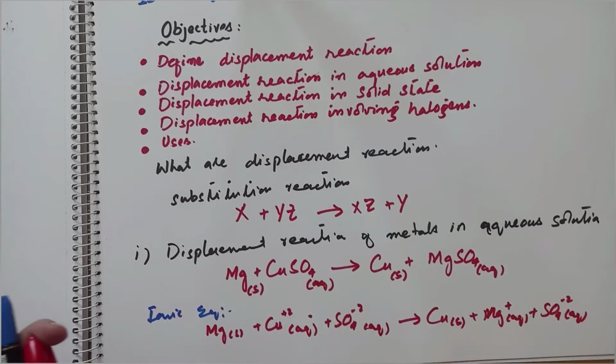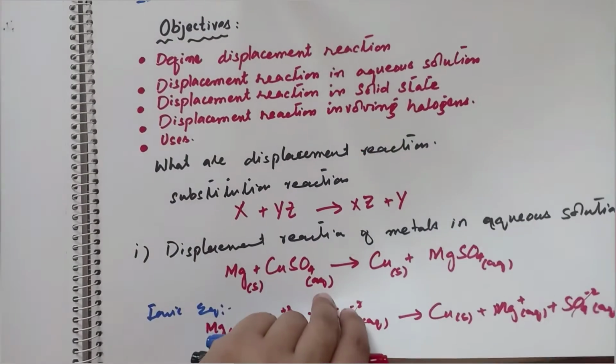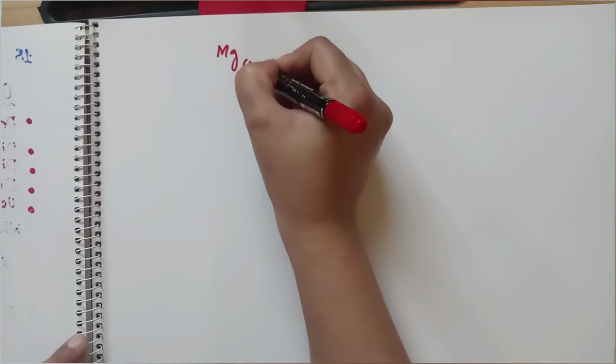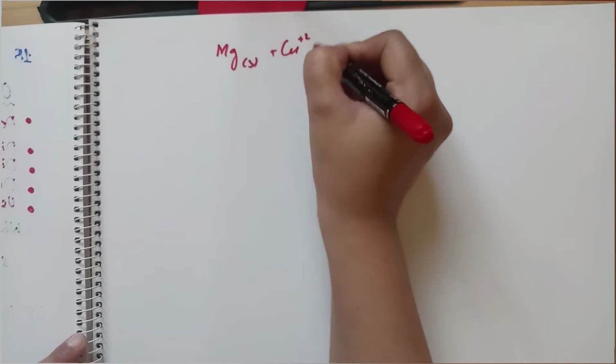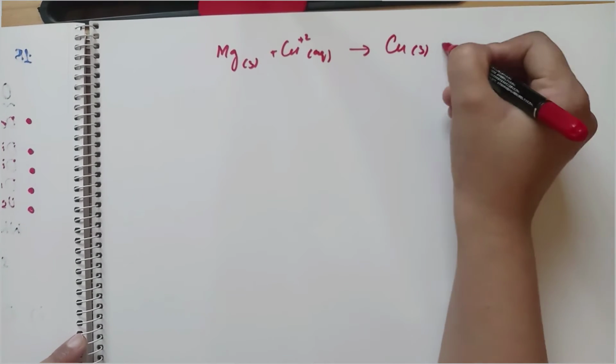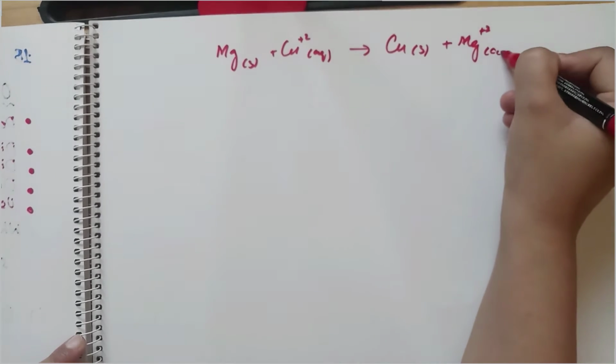So we cancel out the common ion on both sides; the sulfate ion cancels out with the sulfate ion, and we get the final equation: magnesium solid and copper ion in aqueous solution gives us copper solid and magnesium ion in aqueous solution.